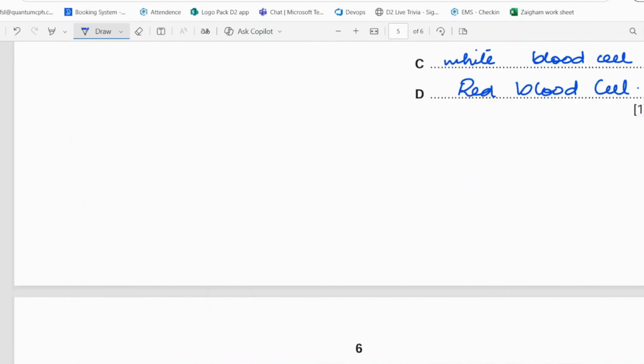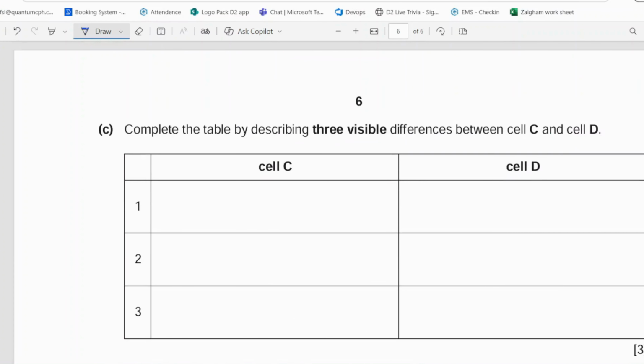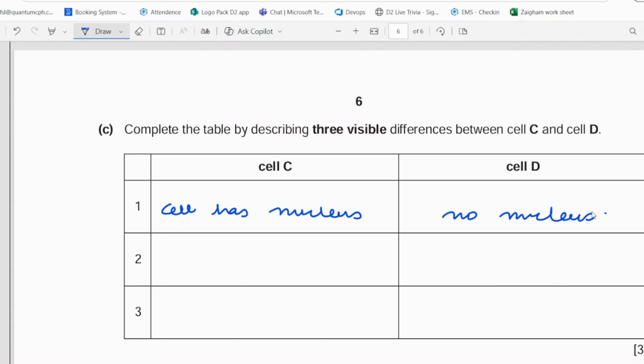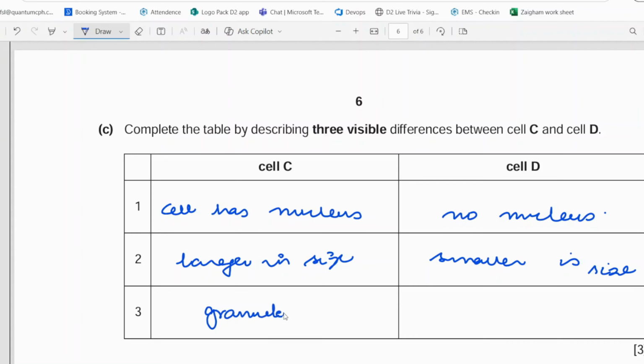We have to give three differences. One is nucleus, no nucleus. Larger in size, smaller in size. Granular, non-granular.